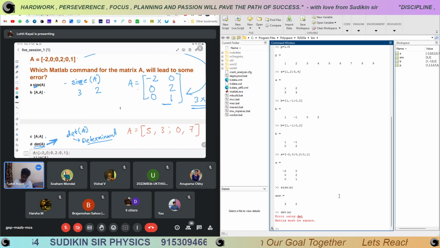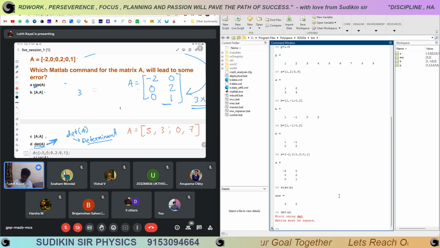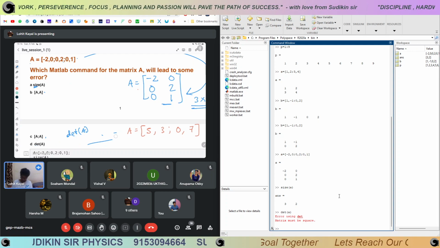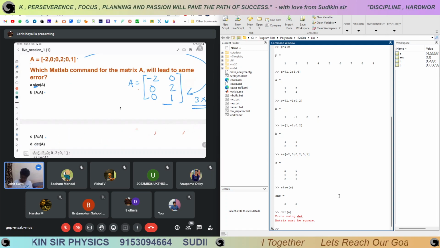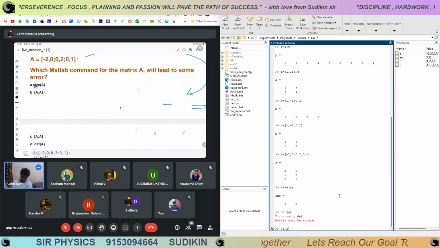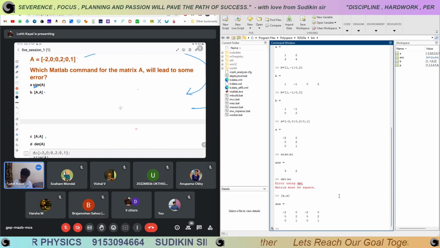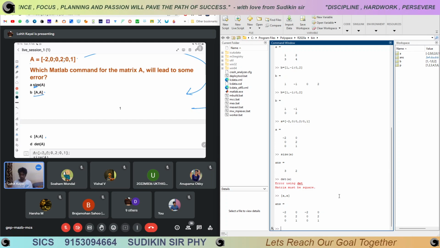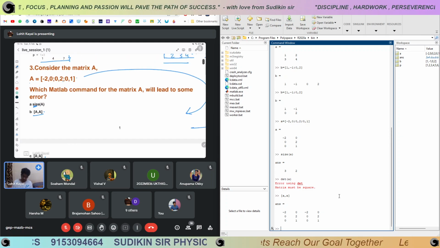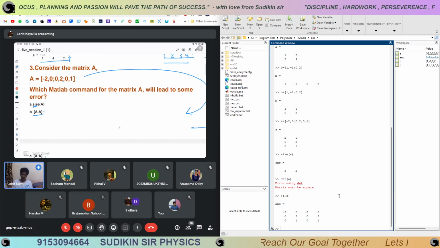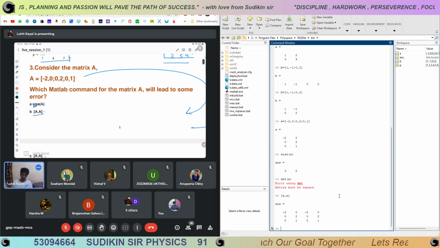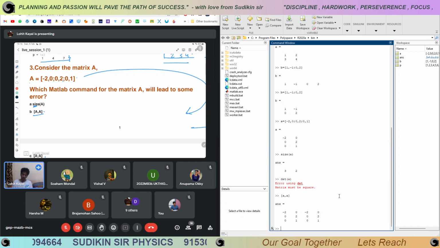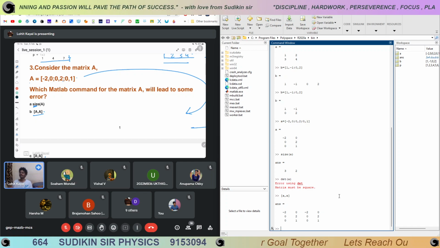I hope you have understood so far. So I am erasing this part. Now A comma A. Whenever I have a matrix, something like this, a comma indicates that the new element will appear at the next column.